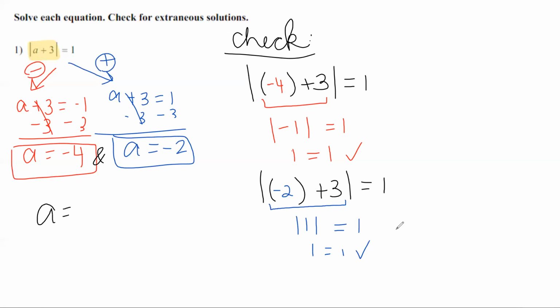Or you can write it as a is equal to -4, comma, -2. Put both answers in the curly braces. The smaller number comes first. -4 is smaller than -2. Nice.